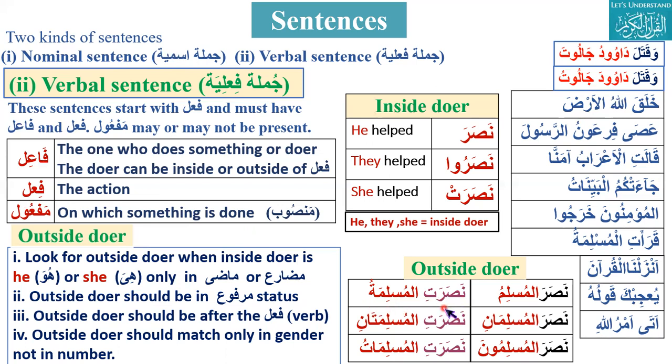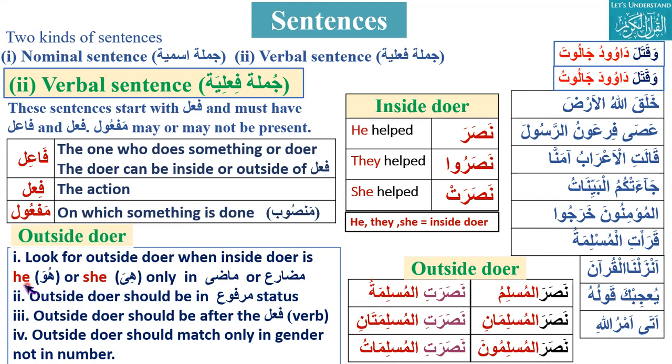Can you please take this one? Nasaratil muslimatu. Is it a verbal sentence or a nominal sentence? It is a verbal sentence. Now how will you explain it? Muslimatu, which has damma, is the outside doer, and it is marfu.